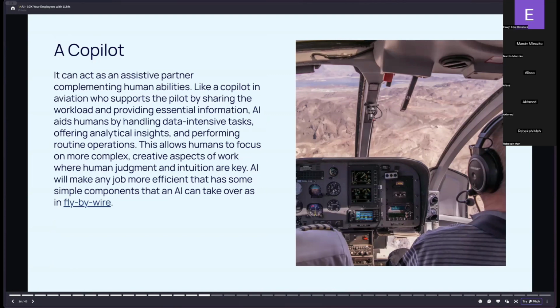And the humans are rather used for the more complex, more creative aspects of the work, where the human judgment and the intuition are key. And through that, the AI will make any job more efficient. And over time, you can even think about AI taking over some stuff like writing emails, answering simple comments, and it's rather like fly by wire.